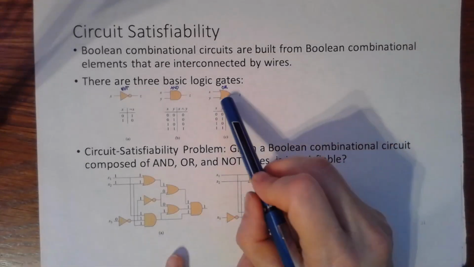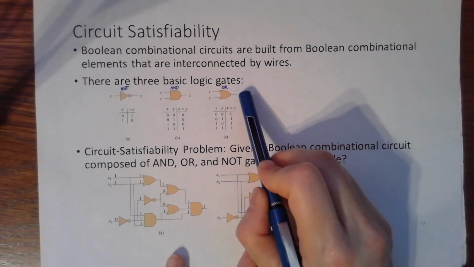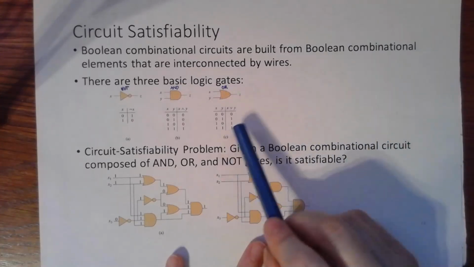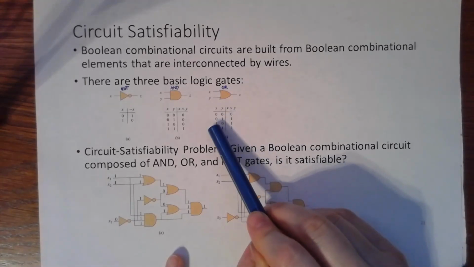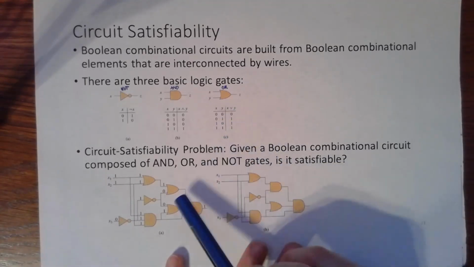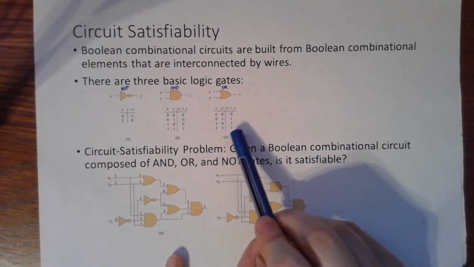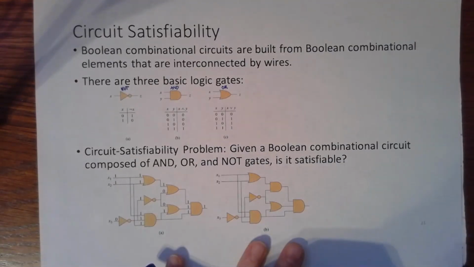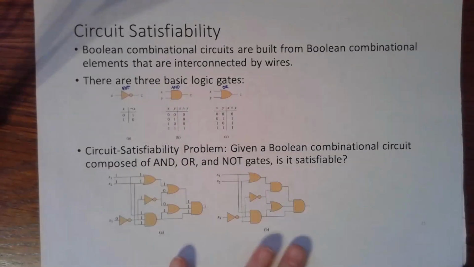Recall a logical OR, the output is 1 if at least one of the inputs is 1, or true. So here are cases where one input is true and the output is 1, or both of the inputs could be true to get an output of true. So those are the three basic gates, and that's how they work.